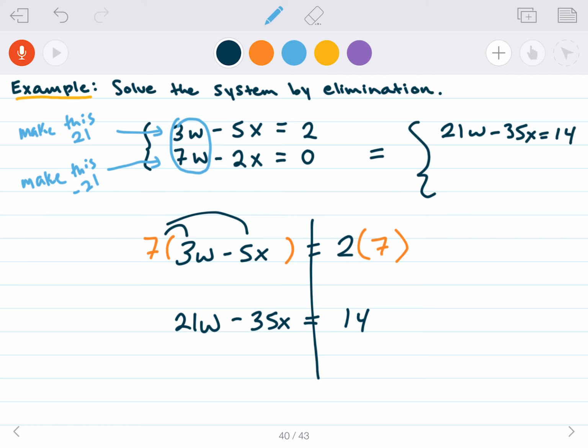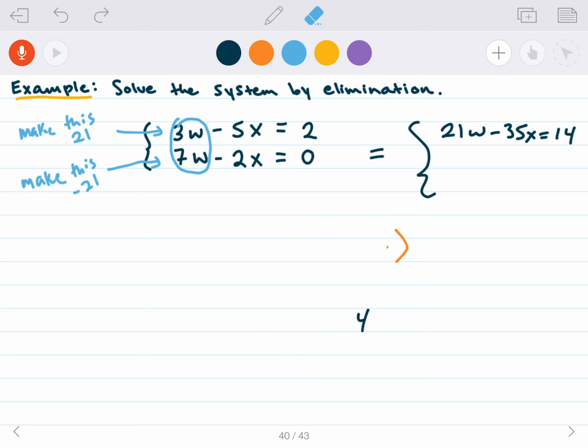Now for my second equation, my goal is to make this guy a negative 21. So what can I do to both sides to make that 7 a negative 21? Well, I can multiply both sides by a negative 3.